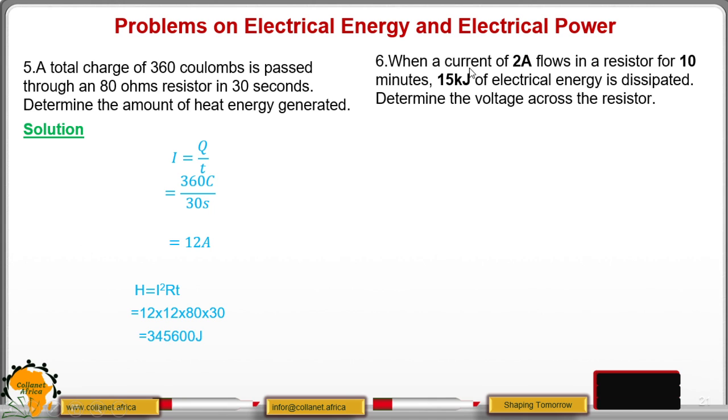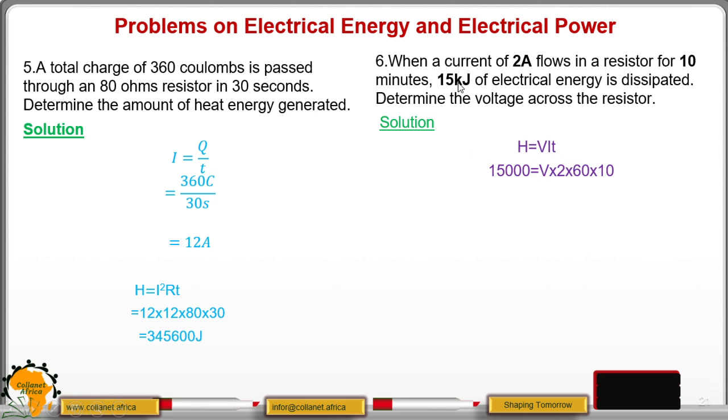Then number 6, when a current of 2 amperes flows in a resistor for 10 minutes, 15 kilojoules of electrical energy is dissipated. Determine the voltage across the resistor. We proceed as follows. Heat energy, H, is VIT.